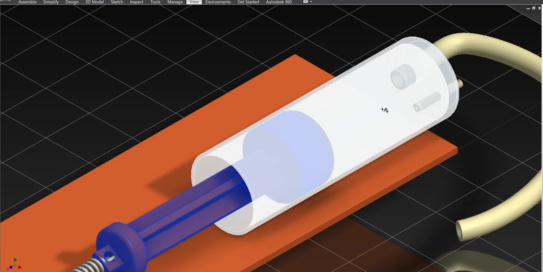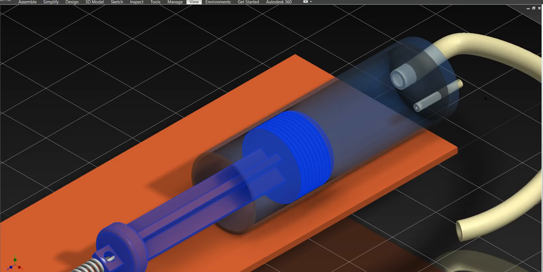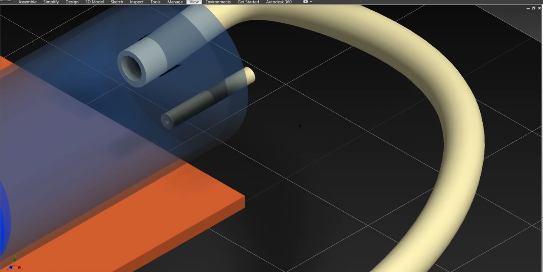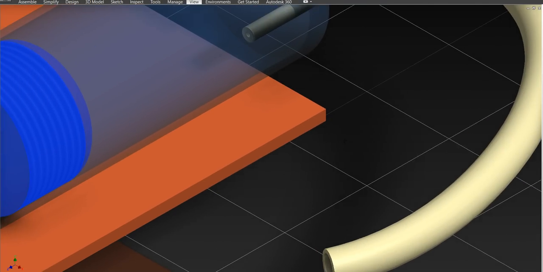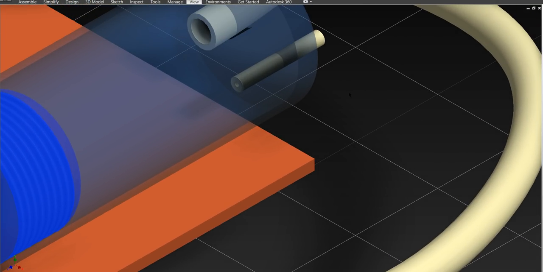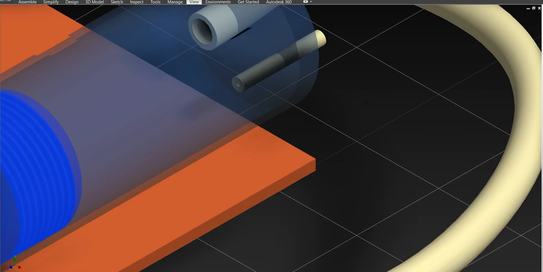So when the volume decreases, the pressure inside increases. As the pressure inside increases, the air moves from high pressure to the low pressure region. That's why the air moves out through this outlet pipe.